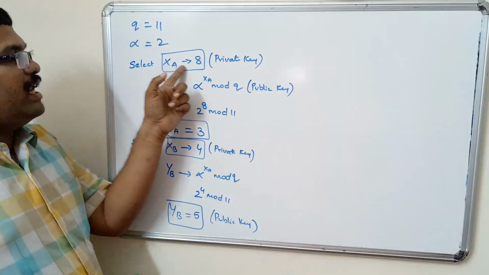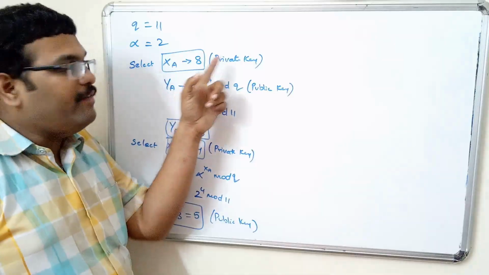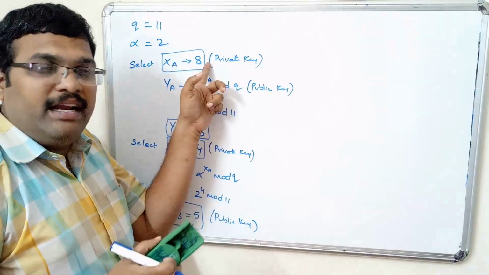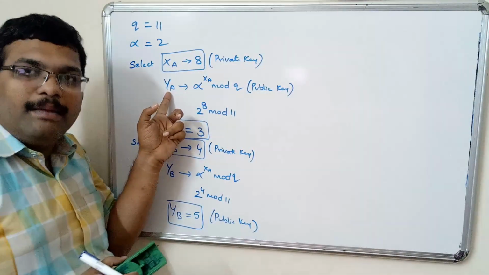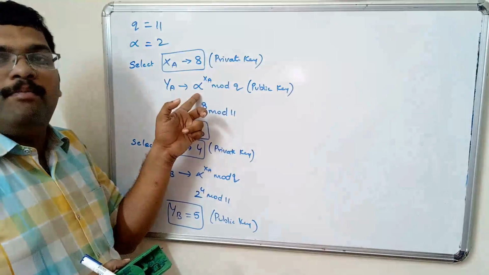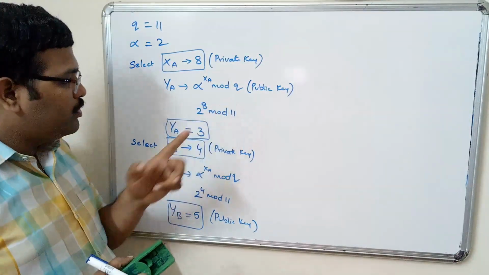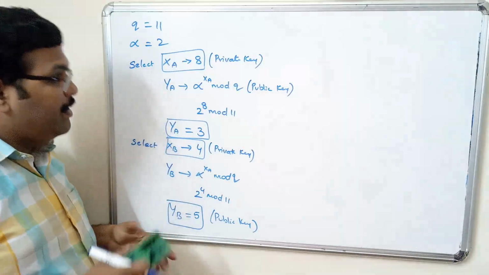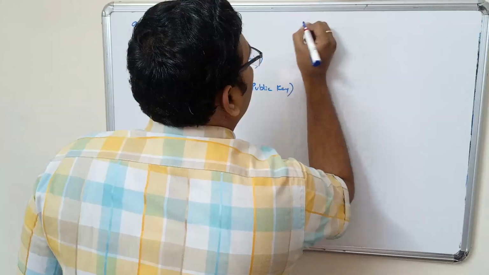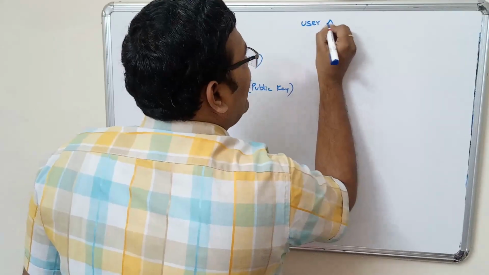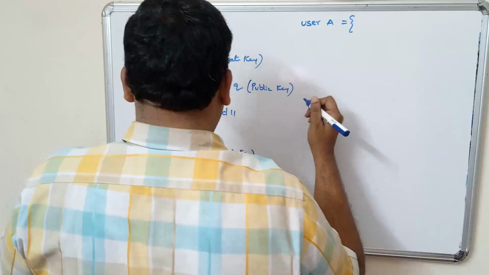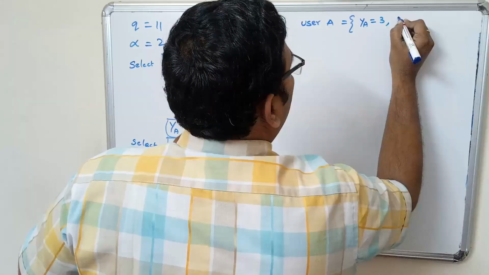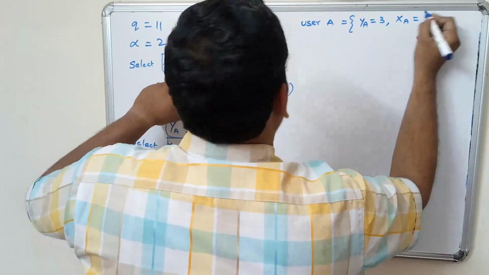Right? So first I selected XA, the private key of user A, which must be less than q. We can select any number. I have selected 8 and calculated the public key using the formula alpha power XA mod q. So I got the number 3 as the public key of user A. So let us write here: user A, the public key is YA equal to 3, XA equal to 8.